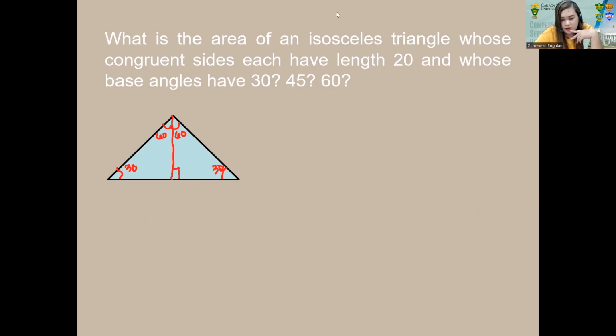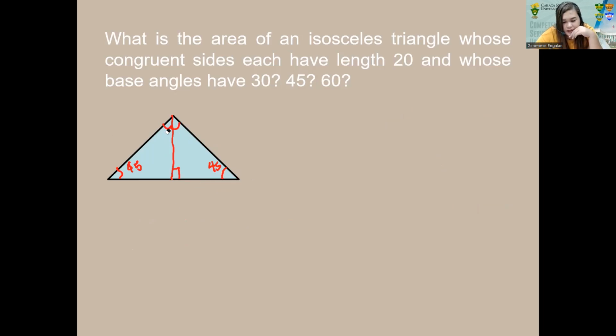So, kung 45 daw. So kung 45 ni, so if this is 45, pila yung mabilin sa taas?